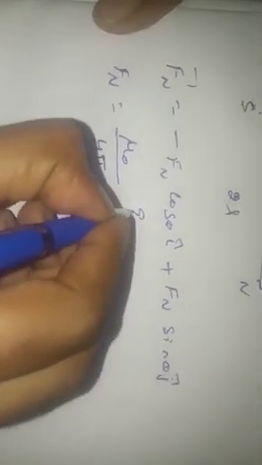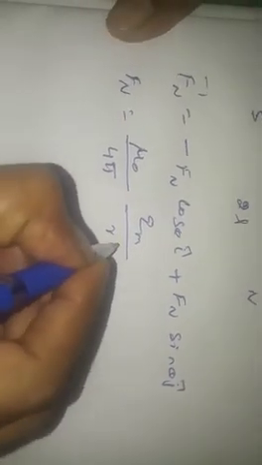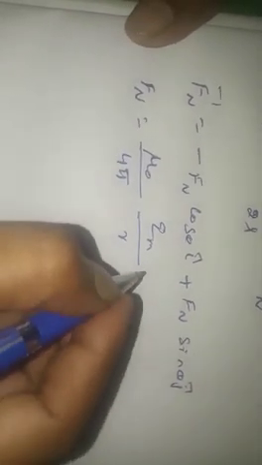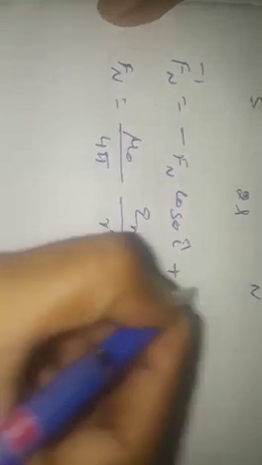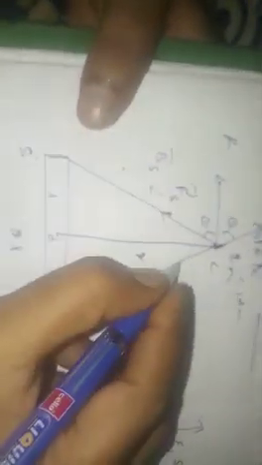Next, we know the force Fn is equal to mu naught by 4 pi, Qm by r dash square. For this distance r dash, let us make this triangle.